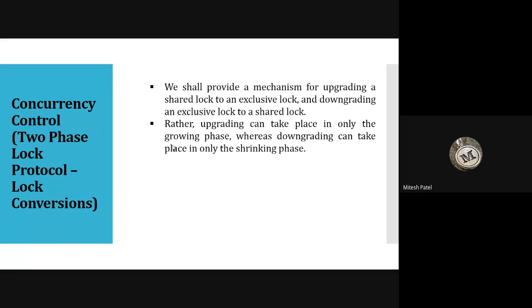Yes, lock conversions are allowed in this protocol. It means we have a mechanism for upgrading and downgrading of the lock. Upgrading means we can upgrade the lock mode from shared lock to exclusive lock.